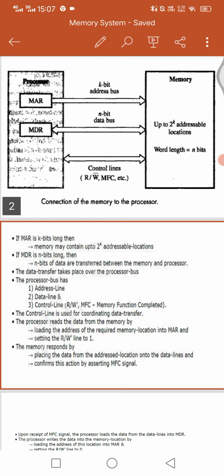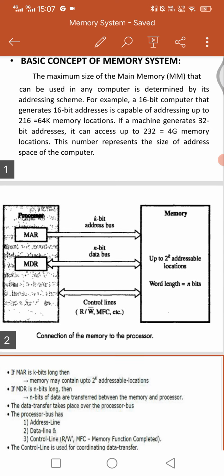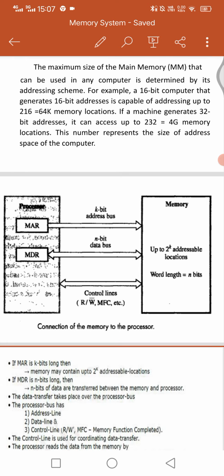So this is the basic concept of the memory system. In general, the memory system is very important for storage purposes; for getting data or entering data, we require memory. That is why memory is the main thing in the CPU.